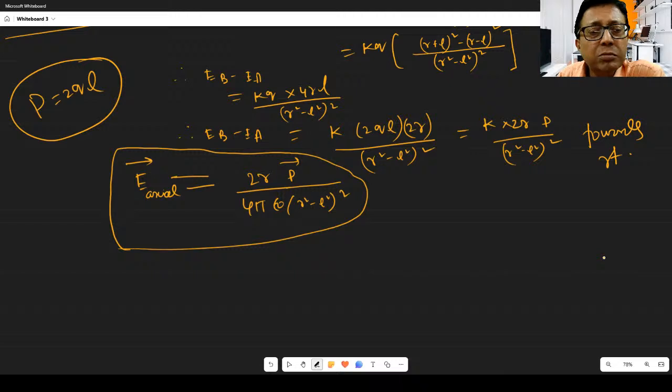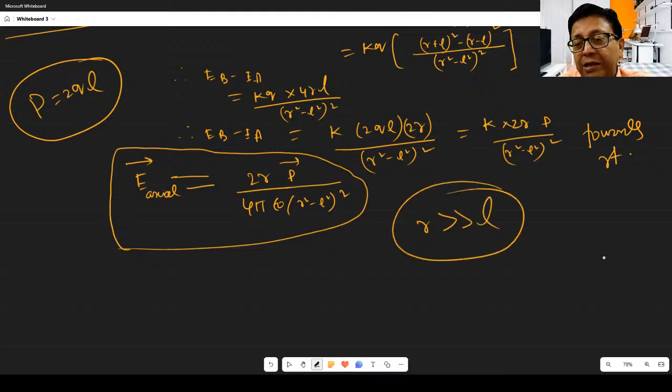Now, I started with the assumption that the distance between them is small. I told you, so here R is much larger than L. I am writing 'if', because in some calculations they give the value of L, in that case you have to remember this.